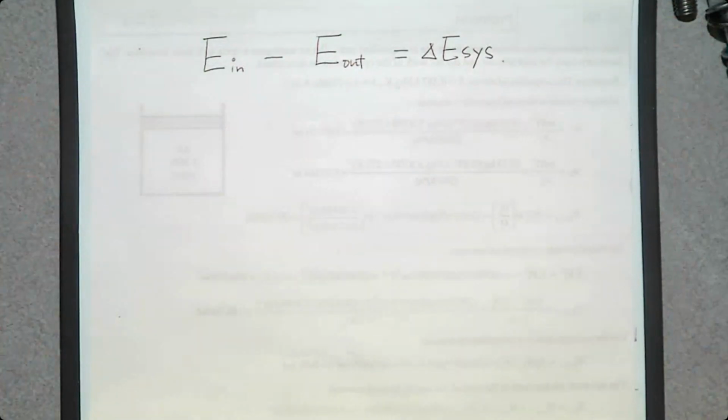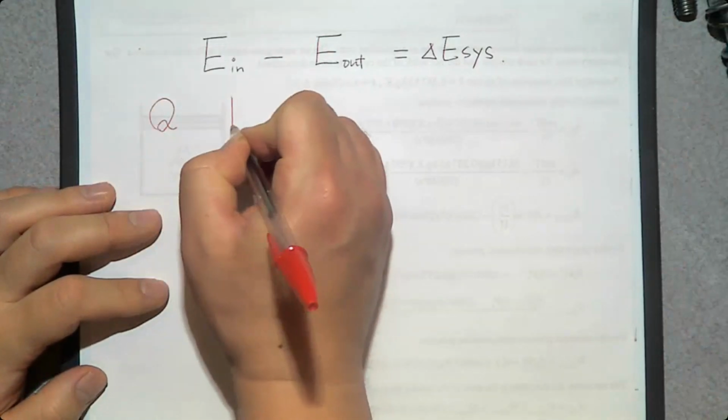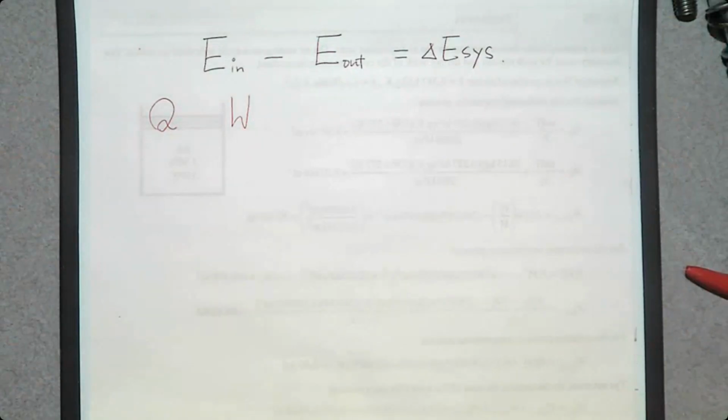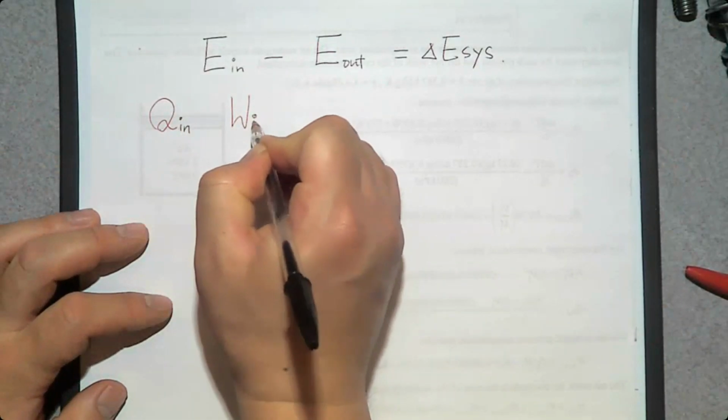Then we studied that there are 2 different energy transfers. One is heat, the other is work. So this energy transfer in can be heat or work. We use Q for heat transfer. We use W for energy transfer by work. So we have a Q in, W in.